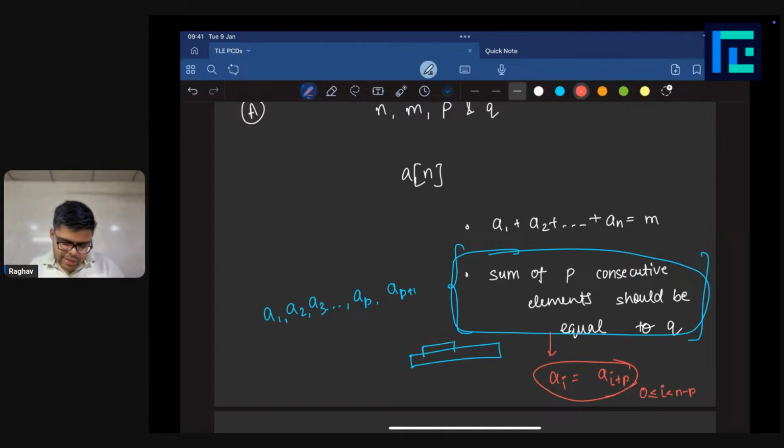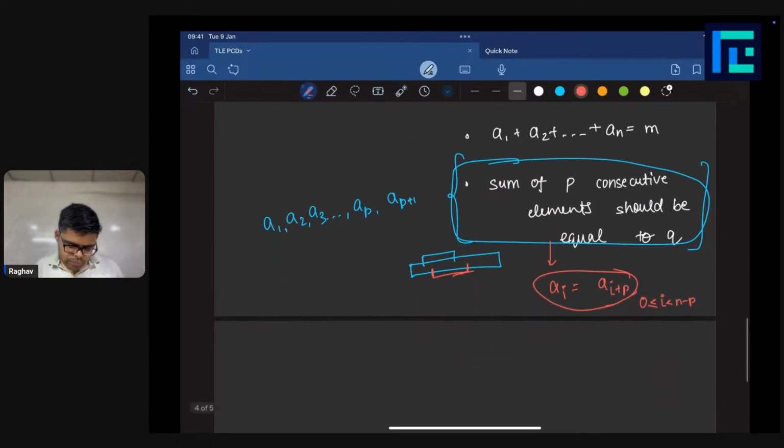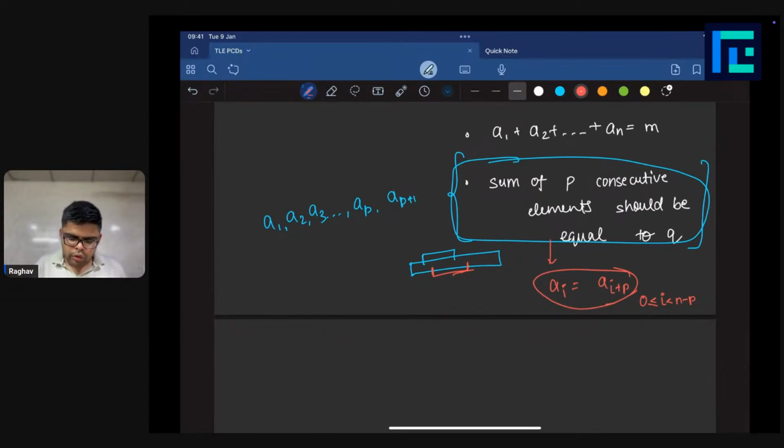Basically, the idea is that if you consider two subarrays of size p such that these p minus 1 elements are common in both of them, and you know that the sum of this subarray and this subarray must be equal, then obviously this element must be equal to this one, right? If you want to prove it mathematically, you can say it this way.